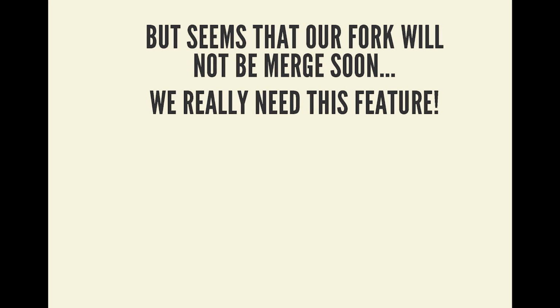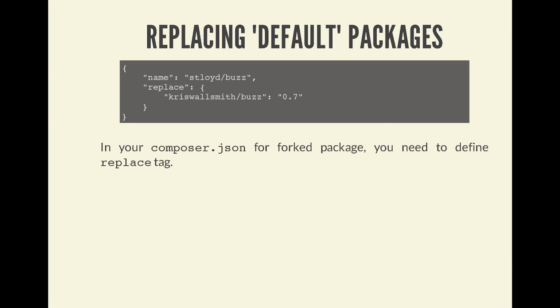Yet you might have a problem with that. Your fork creates a feature, for example a feature for Symfony 2 that breaks some interfaces and can be merged, let's say, before 2.3, not 2.2. You can simply replace the default package by stating in your composer.json for that package that it replaces a concrete version of the other package.